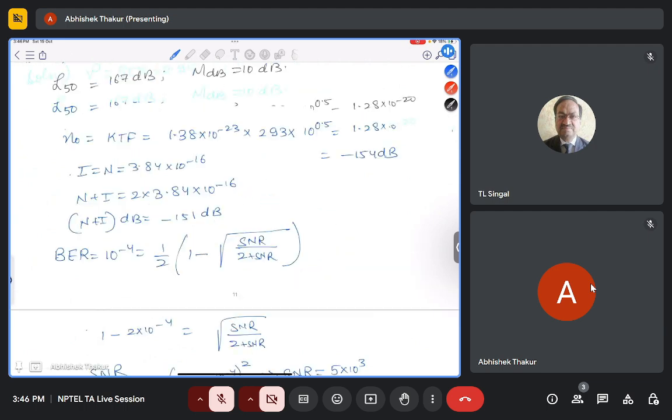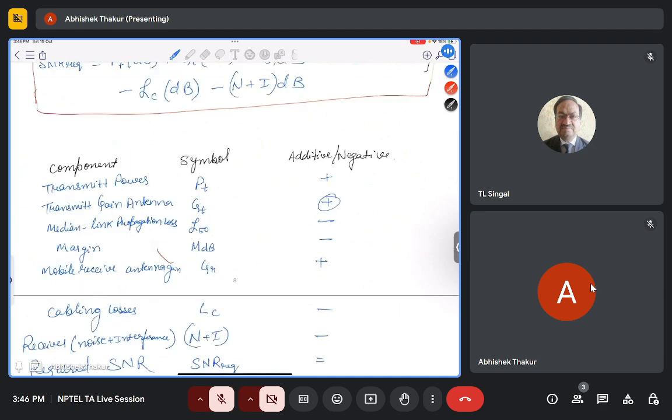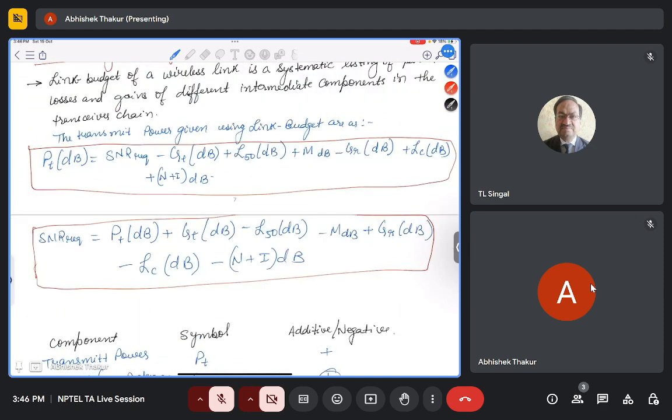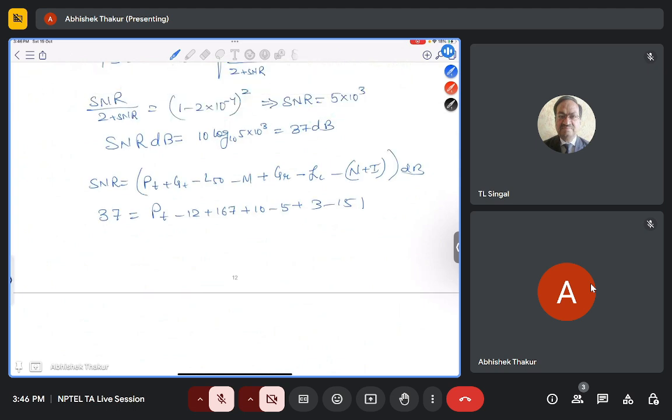Why have we taken the minus symbol? Because, let's suppose GT is positive when it is on the side of PT, but when it is on the opposite side of PT, then it becomes negative. So we have considered that. So it implies that PT will be, or we can take the same symbol here because PT is on this side.